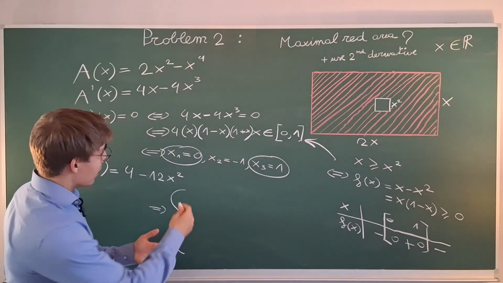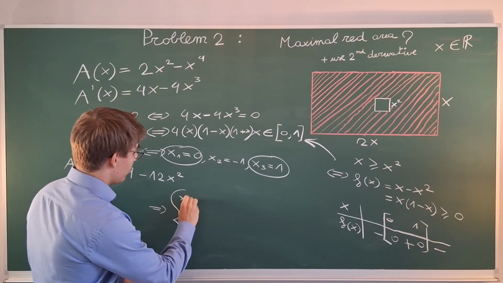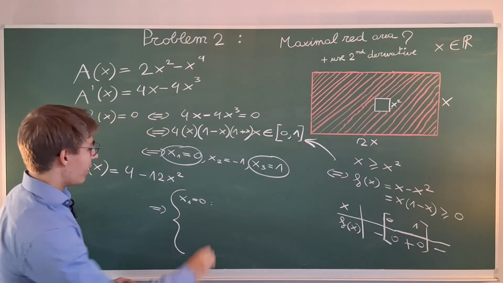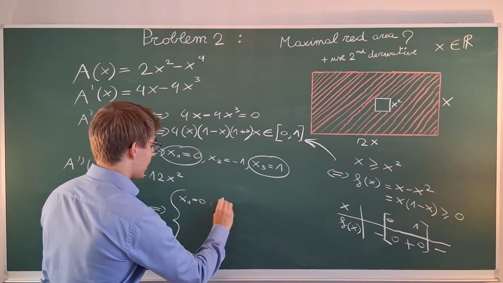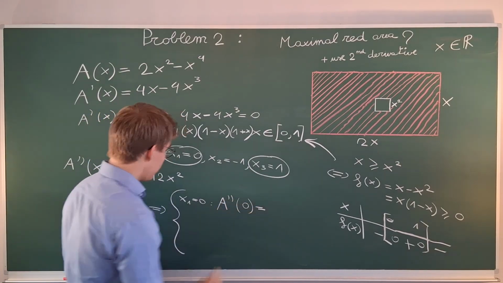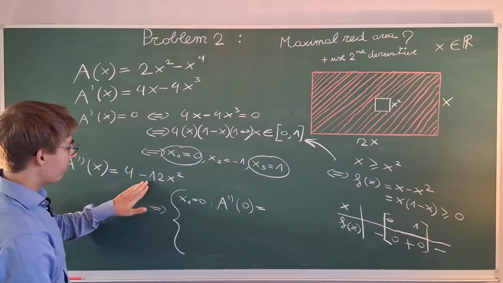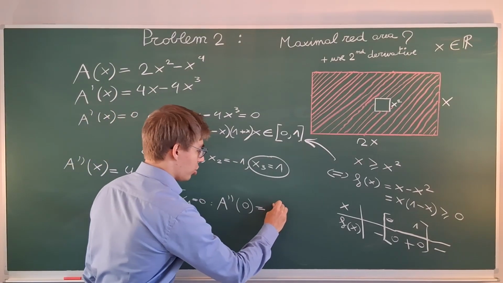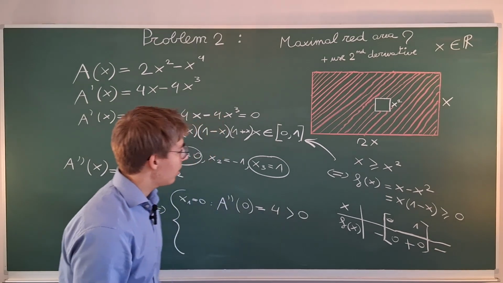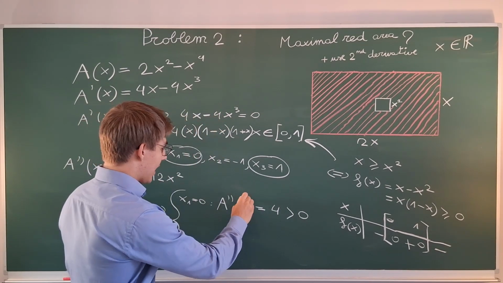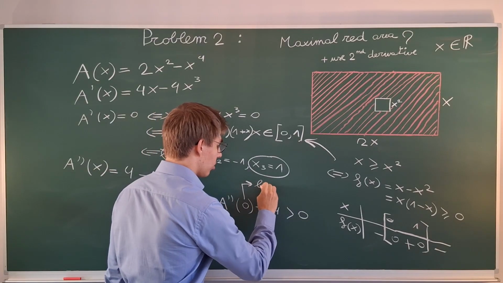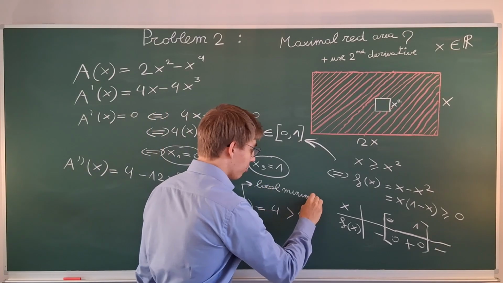So now we find that for x1 equals 0, the second derivative of 0 is equal to 4 minus 0, which is 4, which is greater than 0. So this means that 0 is a local minimum.